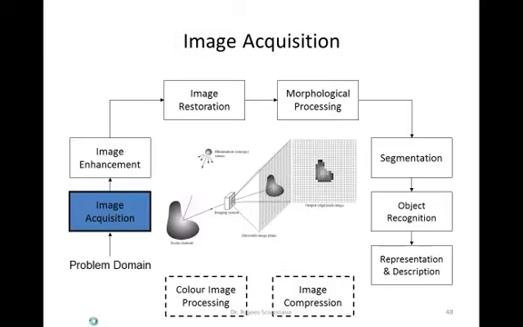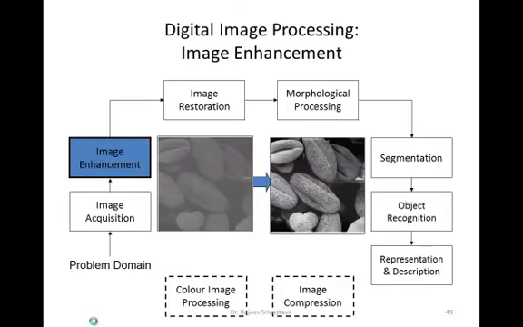In this slide, image acquisition is shown with the help of this diagram. Image enhancement: on the left is a poor quality illumination image and on the right is the enhanced image.